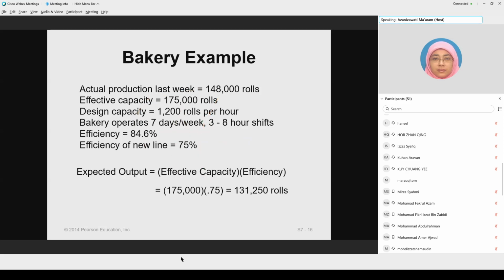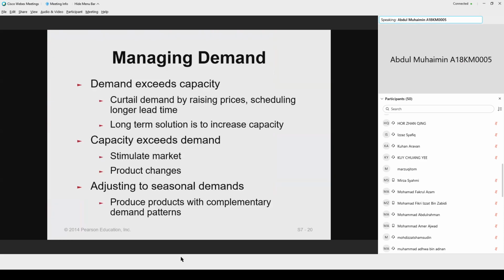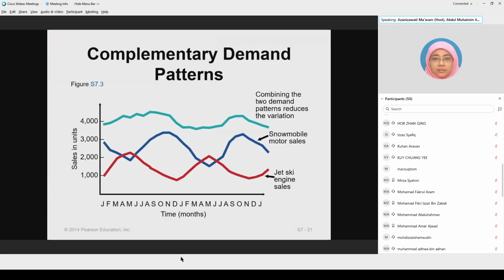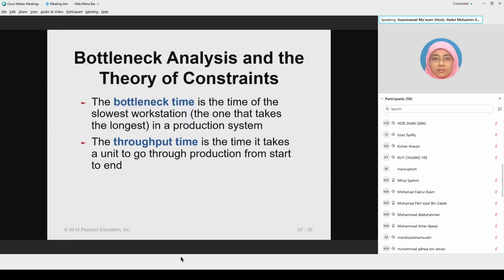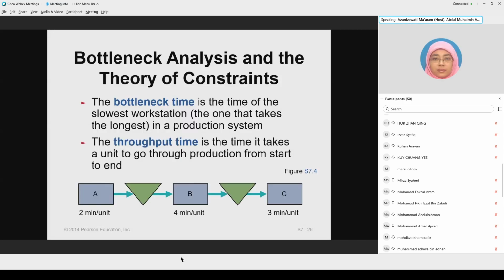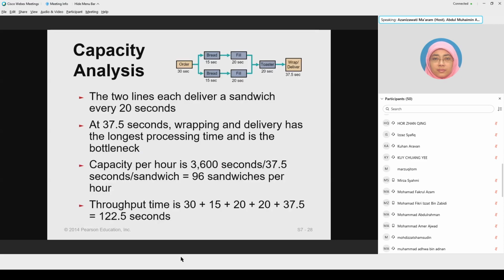Hari tu identify pengiraan dia rasanya. Kejap. Saya tak ingat, saya macam break even yang belum. Break even belum lagi. Okay, yang ni bottleneck. Throughput time dah, betul? Dah. Yang ni pun, yang dua lain ni pun dah kan? Dah juga. Okay.